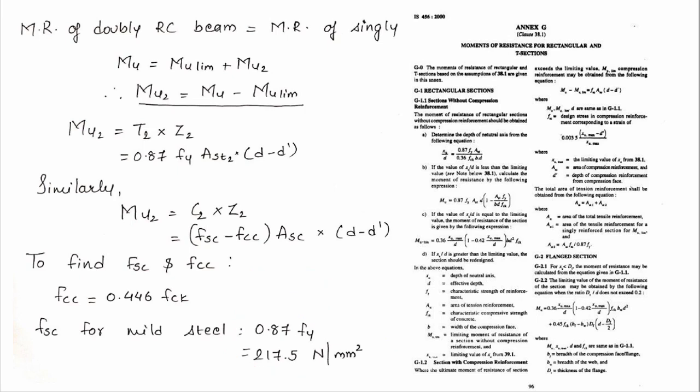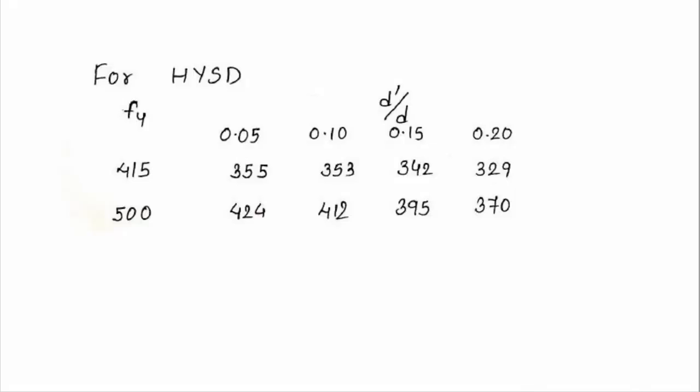Now what about HYSD steel? That is high yield strength deformed bars. For HYSD steel you need to take a screenshot of it and keep a note of it, because it is not mentioned either in our textbook or in our IS code. It is mentioned in SP16, which is not allowed in our examination.